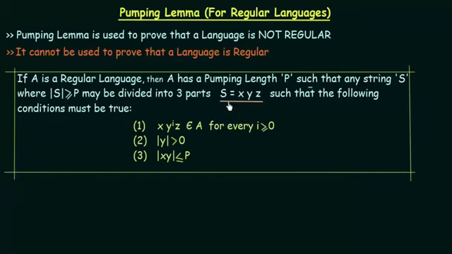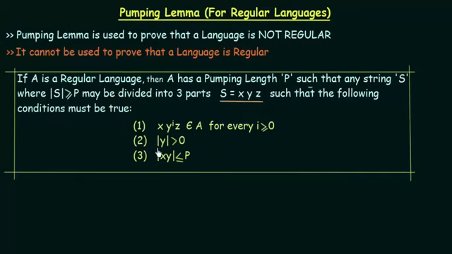That means you have the string S divided into three parts, X, Y, and Z. The first part X and the last part Z we keep as they are, and the middle part Y may be some sequence of symbols. If you repeat this middle part Y any number of times, i greater than or equal to 0, then the string you obtain after repeating the Y part must also belong to A, that is, the language.